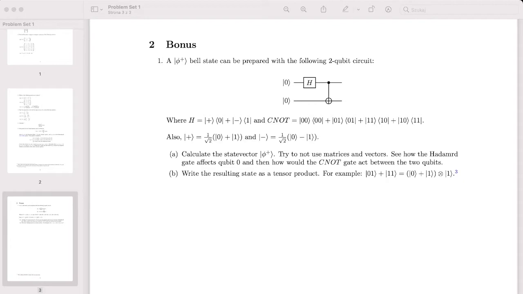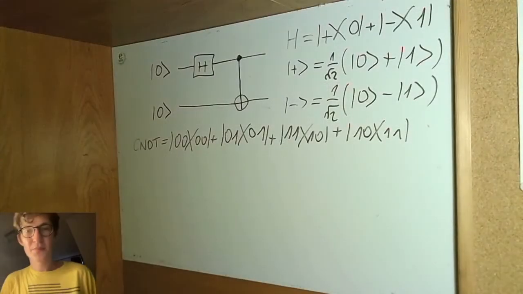And very similarly in the CNOT case, but here this notation tells us what CNOT does to a pair of qubits. It transforms 0, 0 to 0, 0, 0, 1 to 0, 1, but 1, 0 to 1, 1, and 1, 1 to 1, 0. So we can just compute what the resulting state of this circuit drawn above is.